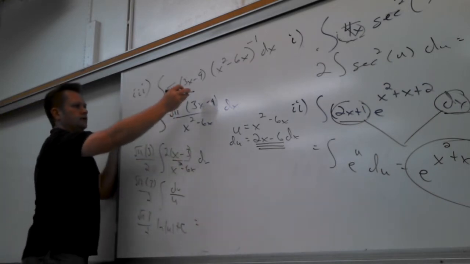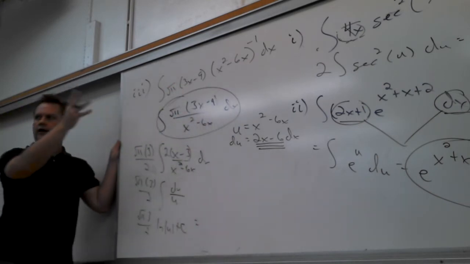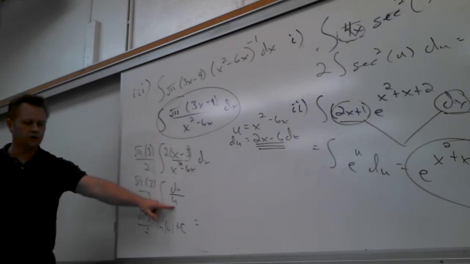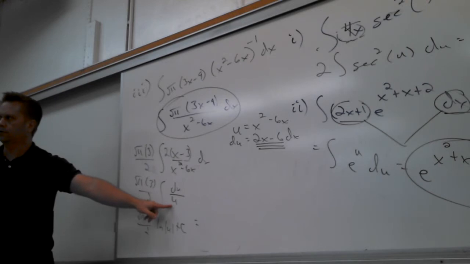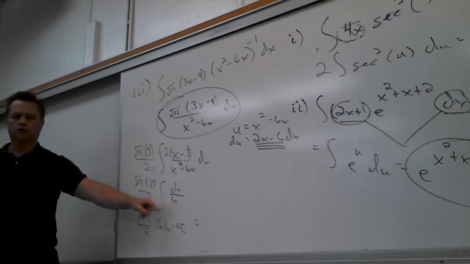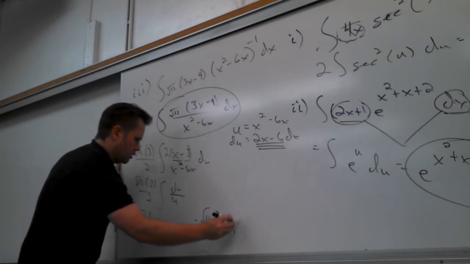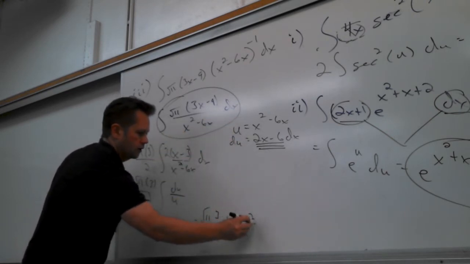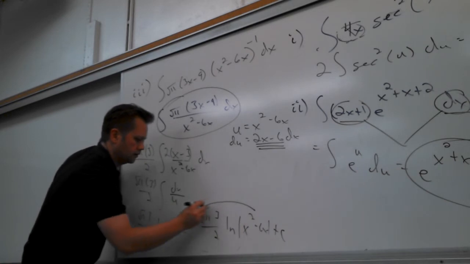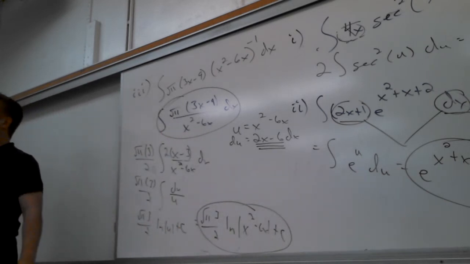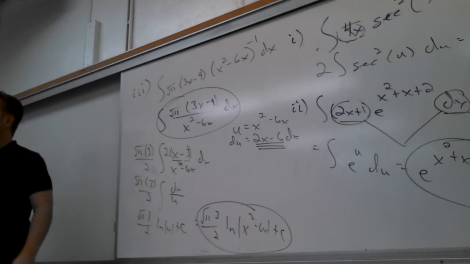So see what I said earlier, this was in the form 1 over x, and it took a little bit of doing, but we uncovered that form, 1 over u. The form is what's important. So then we get rad 11, 3 over 2, natural log of x squared minus 6x, plus c. So you better make sure that your ending variable is the same as the variable you started with. Don't end in u.